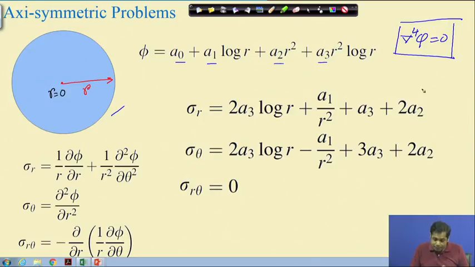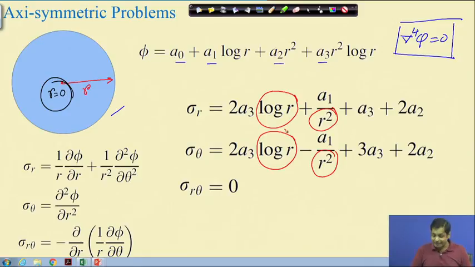Now, if it has to be valid over the entire domain, and the entire domain consists of r is equal to 0 as well, the point r is equal to 0 also belongs to that domain. Then this equation has to be valid at r is equal to 0 as well. But look, we have a 1 by r square term here, and we also have a log r term here.